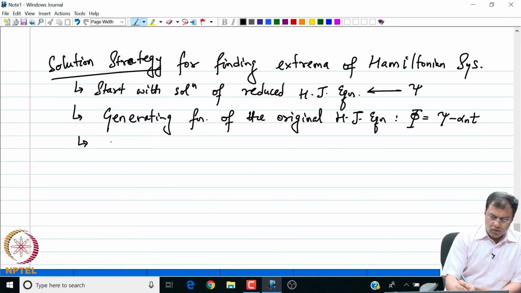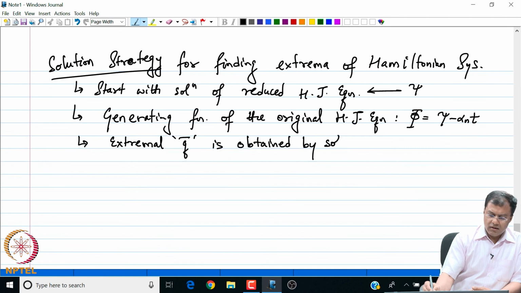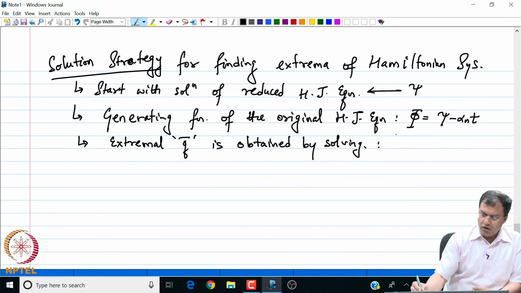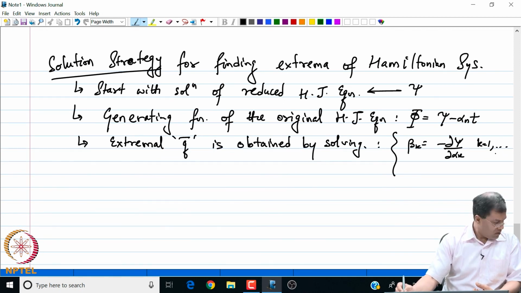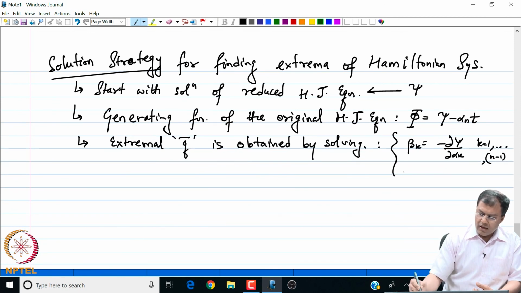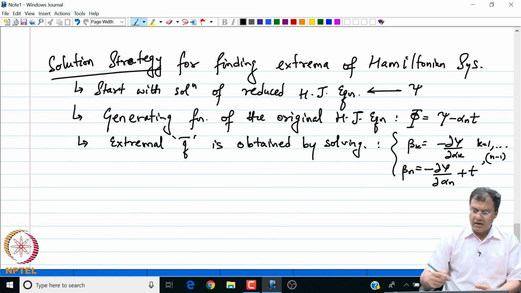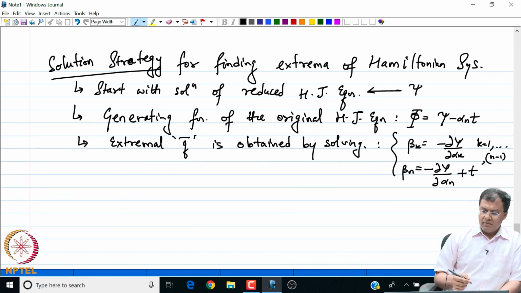So, the extremal q bar is obtained by solving the following set of equations, that beta k is minus del psi del alpha k, where k is from 1 to n minus 1, and my solution beta n is minus del psi del alpha n plus t, right, the nth component.